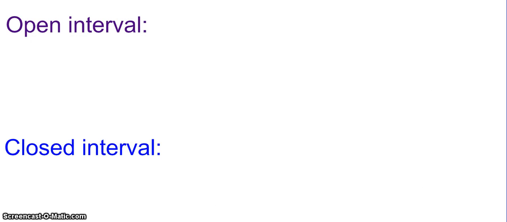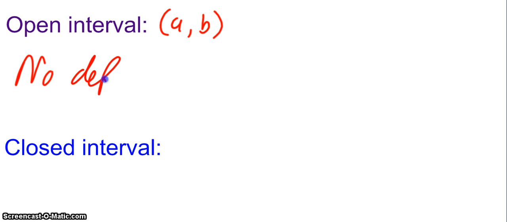Real quick, let's make sure we really understand what it means to be an open interval versus a closed interval, because these are words that come up a lot in these definitions. And again, they sound really fancy, but they're not. An open interval is when we have our parentheses. Remember, that means we don't include the endpoints. So there are no defined endpoints.